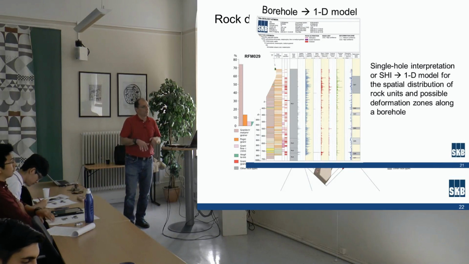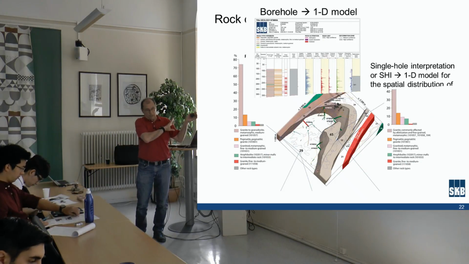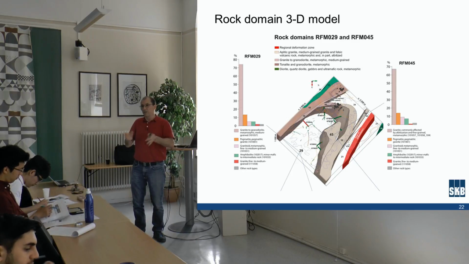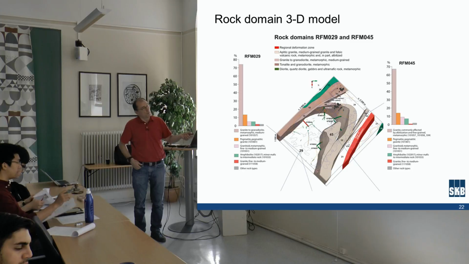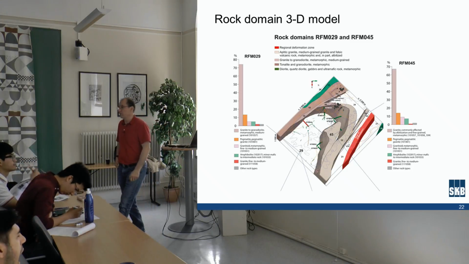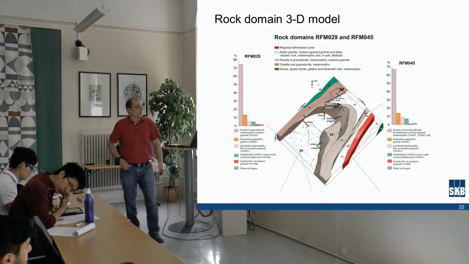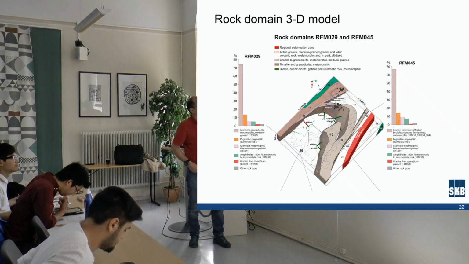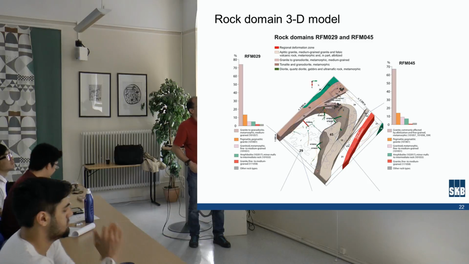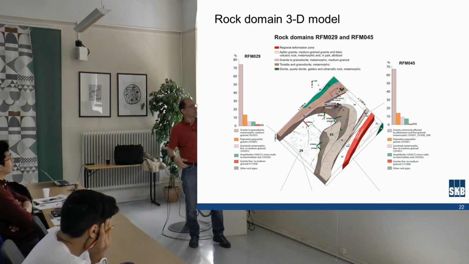So, after this exercise, we look at each and every borehole, and we make a 3D model. So this is a rock domain model. The repository is going to be placed in this place, so this is taken away.